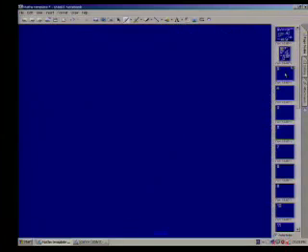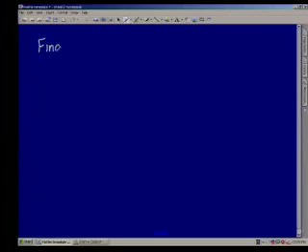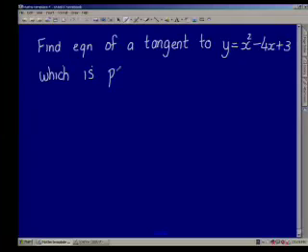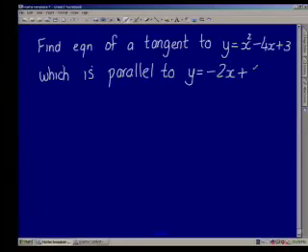They can vary the question just slightly in the following way. They could ask us to find the equation of a tangent to a graph, and of course the graph can be a parabola or a cubic, but I'm going to say find the equation of the tangent to y is equal to x squared minus 4x add 3, which is parallel to y equals minus 2x add 10.